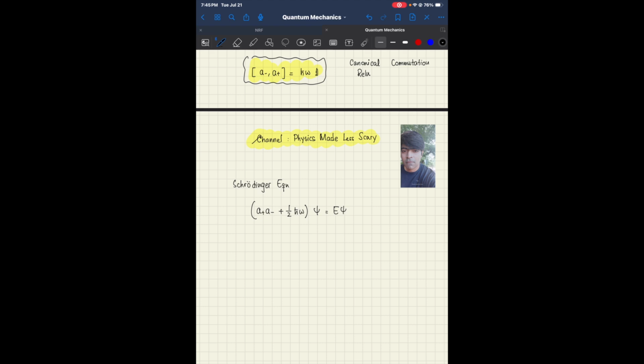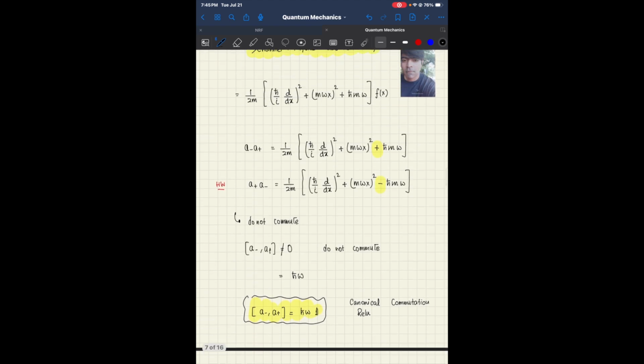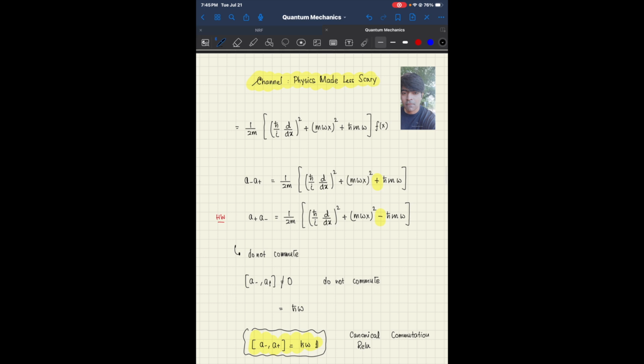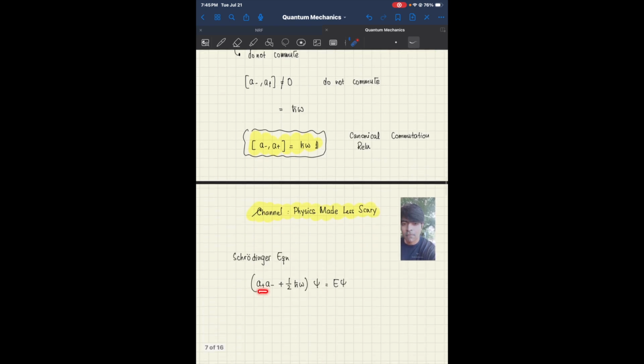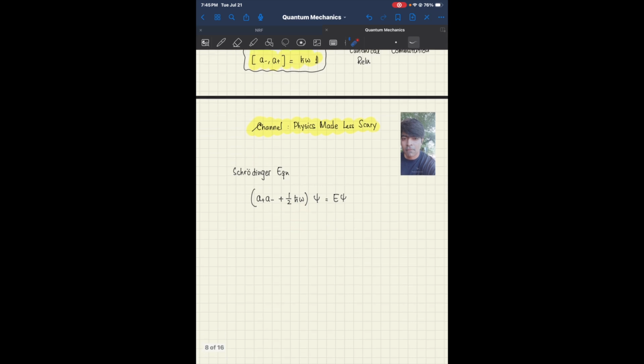Do you agree? Let's check if it makes sense. You see a plus a minus, you have to get rid of this extra piece, right? There is a minus h cross omega by 2 sitting here. So a plus a minus plus half h cross omega psi is the Schrodinger equation that you want to solve.